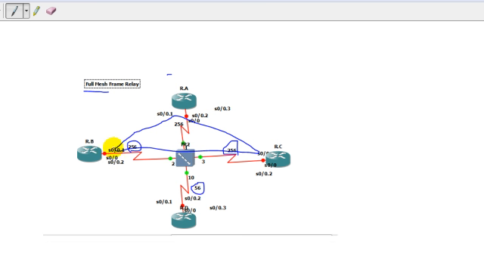So I want to use multipoint configurations for serial 0.1 in each of routers A, B, and C, and I want to use point-to-point between router D, maybe serial 0.3, and serial 0.2. This is point-to-point. Look at this, this is the best way to use your bandwidth.